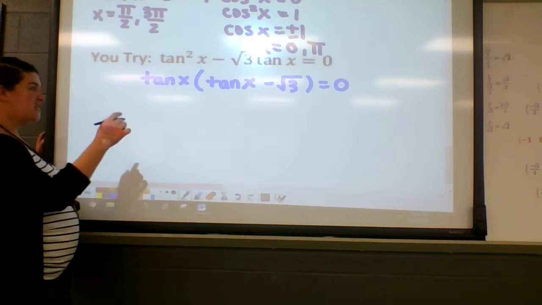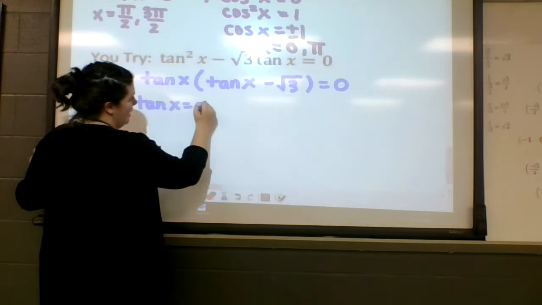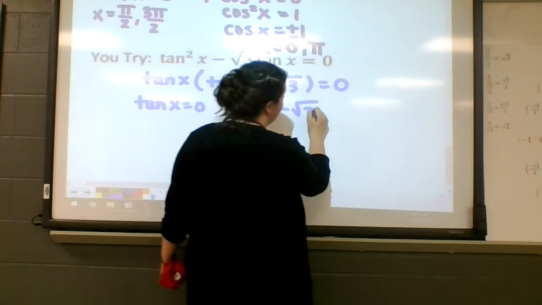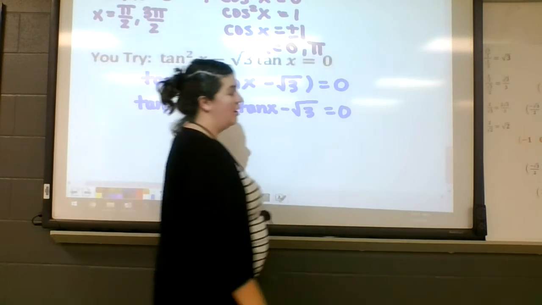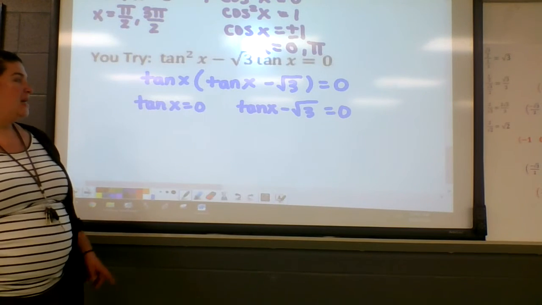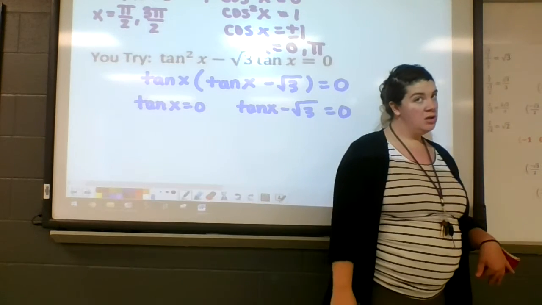So your two pieces here are where is the tangent of x equal to 0? And where is the tangent of x minus the square root of 3 equal to 0? So first one, tangent of x equal to 0. Well, tangent is sine over cosine.